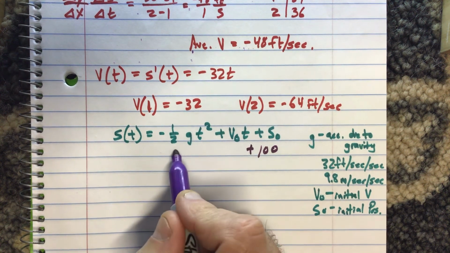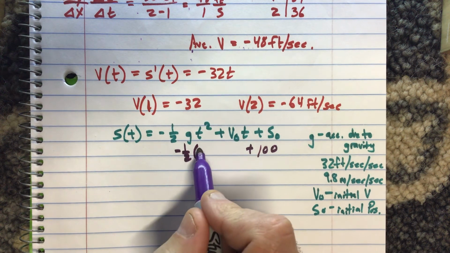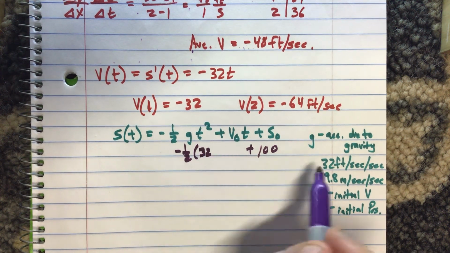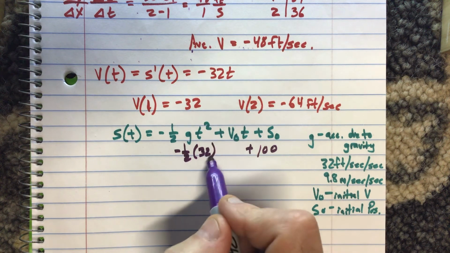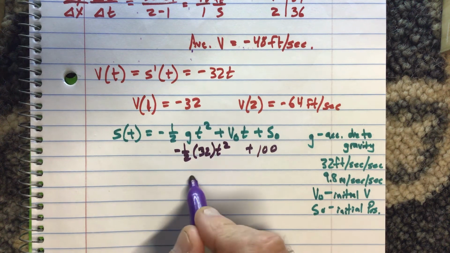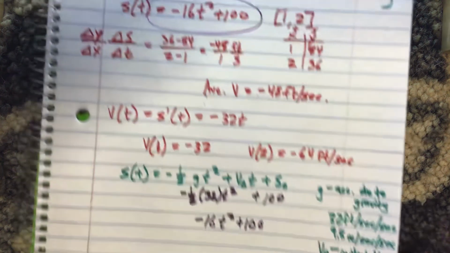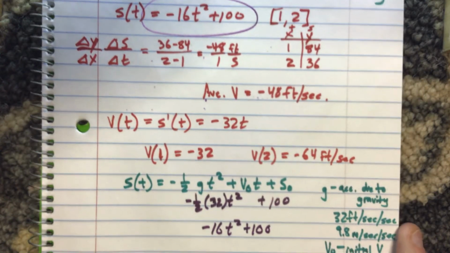And then here we have negative 1/2, and the acceleration due to gravity is 32 feet per second squared times t squared. And when you take negative 1/2 of 32, you get negative 16 t squared plus 100. So that's where this formula came from that we started with in that example.